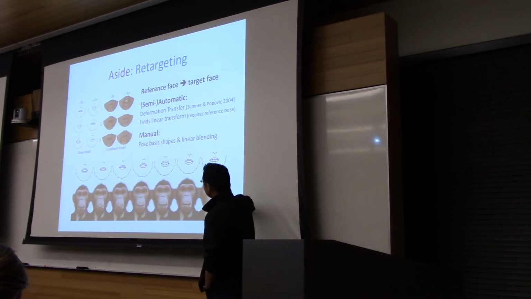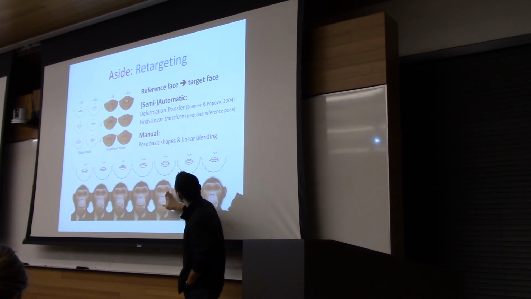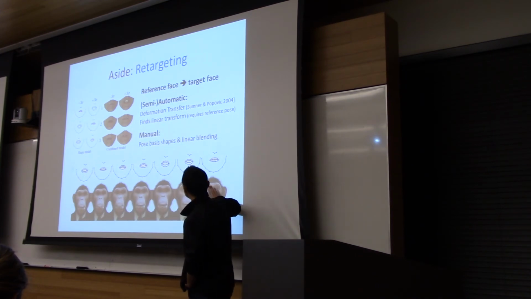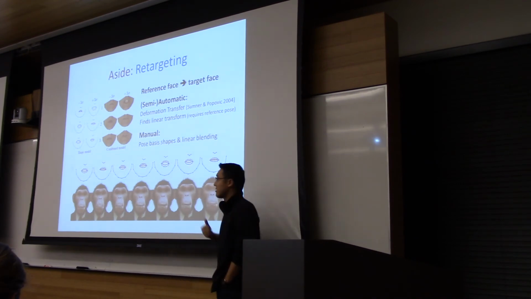And so you have an artist that manually poses each of these basis shapes to match the shape of the reference face. I guess there's 7 because you have the neutral face, the mean face.